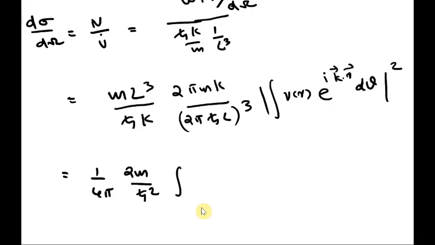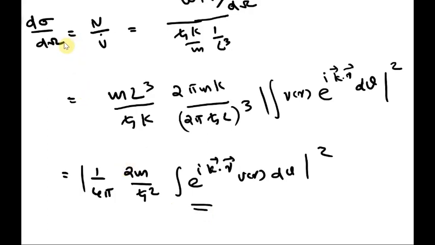Integral e raised to i k r V of r dv, whole square. And this is the expression that we obtained in scattering theory, and which we are able to reproduce by using time dependent perturbation theory.